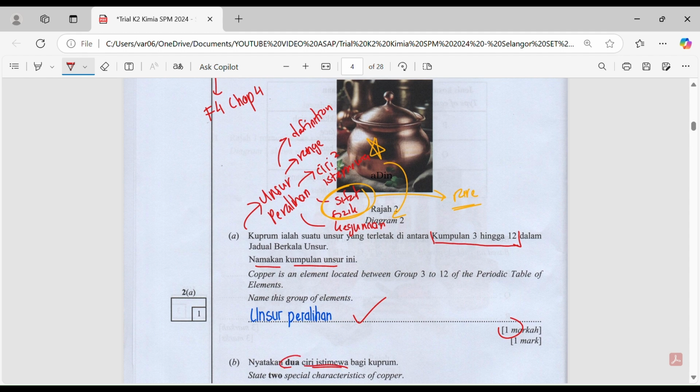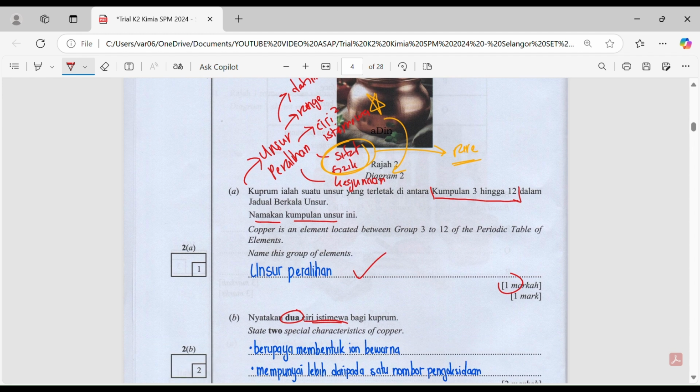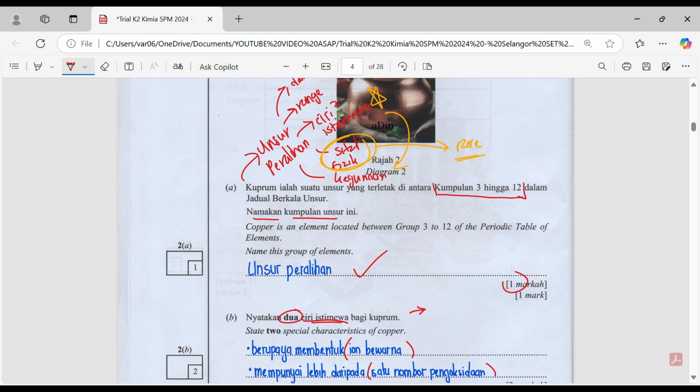Next, as I said, ciri istimewa. Nyatakan 2 ciri-ciri istimewa bagi kuprum. Right, so kuprum obviously unsur peralihan berupaya membentuk ion berwarna, mempunyai lebih daripada 1 nombor pengoksidaan. Apart from that, it can also berfungsi sebagai mangkin and also berupaya membentuk ion kompleks.